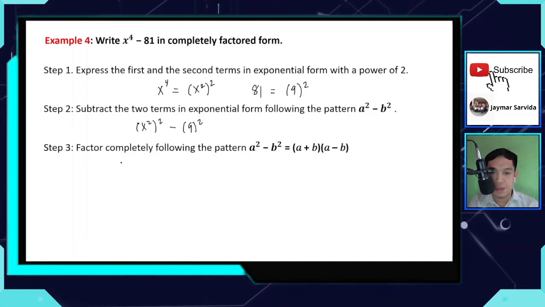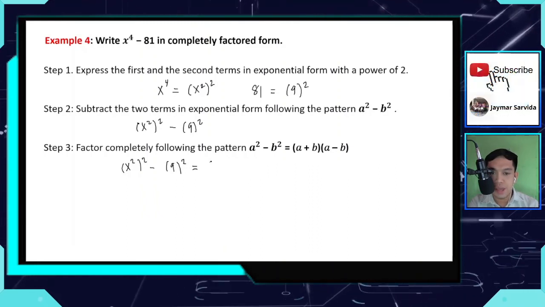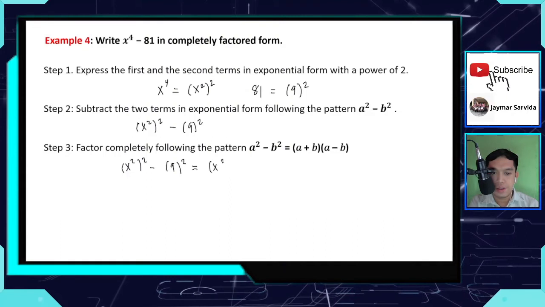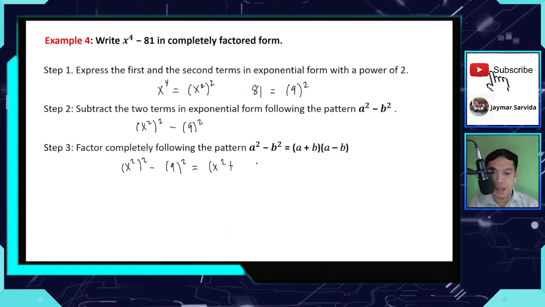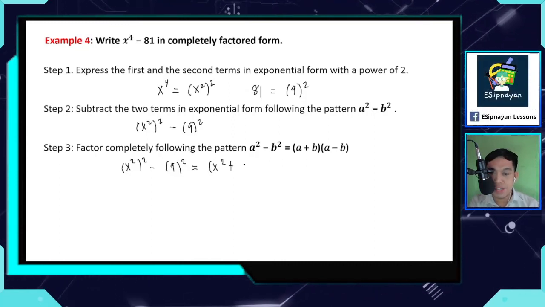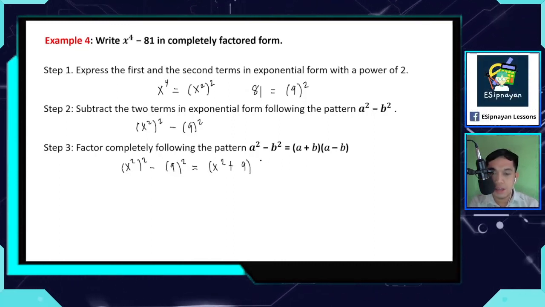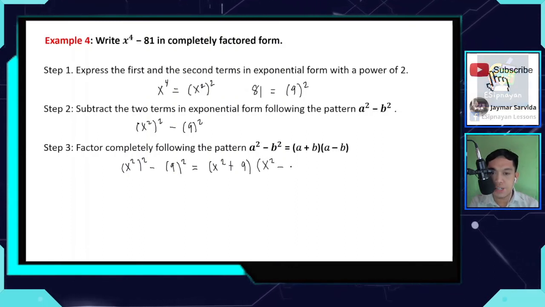So, we have here x squared raised to 2 minus 9 squared equals to x squared plus 9, yung ating b dyan, which is 9, times x squared minus 9.